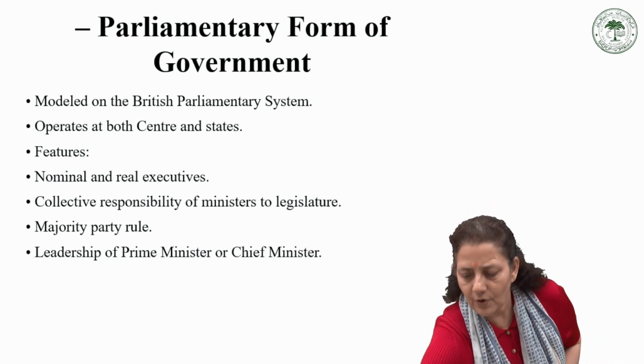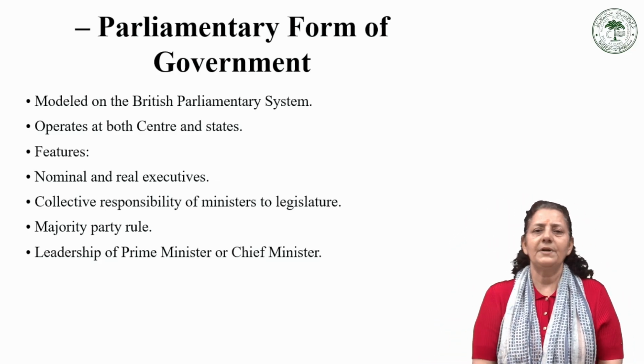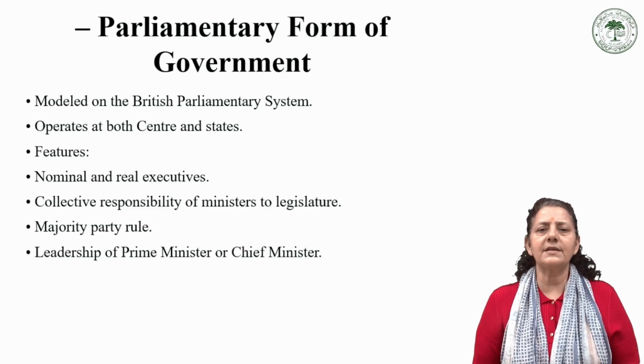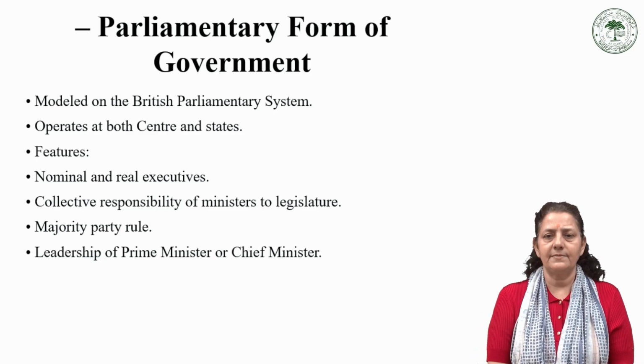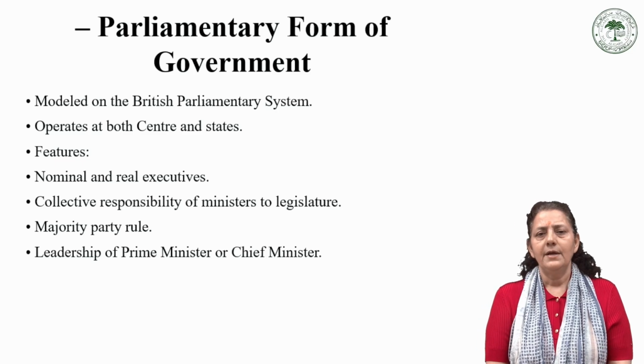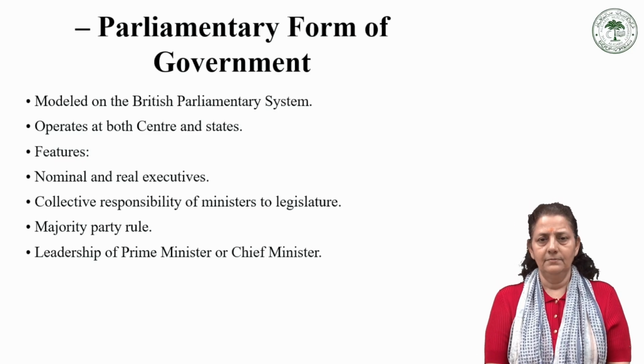Articles 74 and 75 define the relationship between the president and the council of ministers, while Article 164 extends a similar provision to the states. Unlike the British system, where parliament is sovereign, India's parliament operates within constitutional limits.